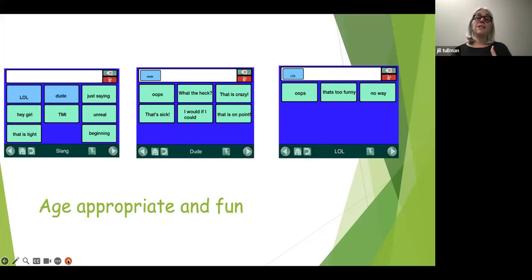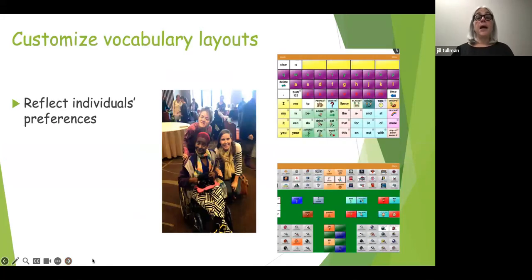We find that as individuals get older, and I'm talking as young as 6 or 7, once they really see the power of their communication, they want to have input in what's added to their devices. That's really fun. We want individuals to be able to customize their vocabulary and their layouts. Ruth is the young woman in the wheelchair.